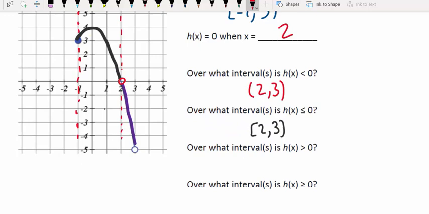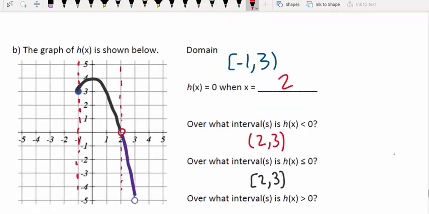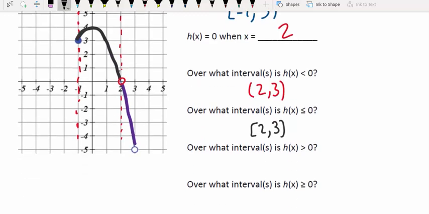And bear with me, my software just messed up and made me redraw everything from scratch. So this is roughly what was on the screen before. And I'm trying to point out that every place on the graph that I just highlighted in black here would have points that are above the x-axis. And then that seems to happen in this area of the graph here, whose x values are between -1 and 2.